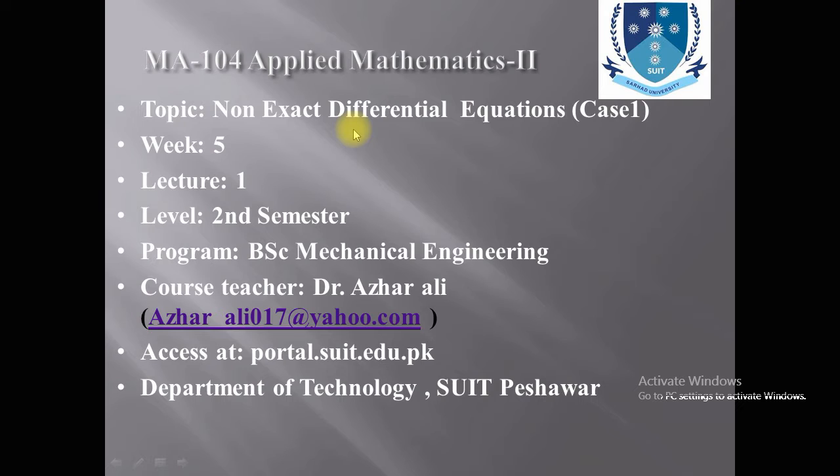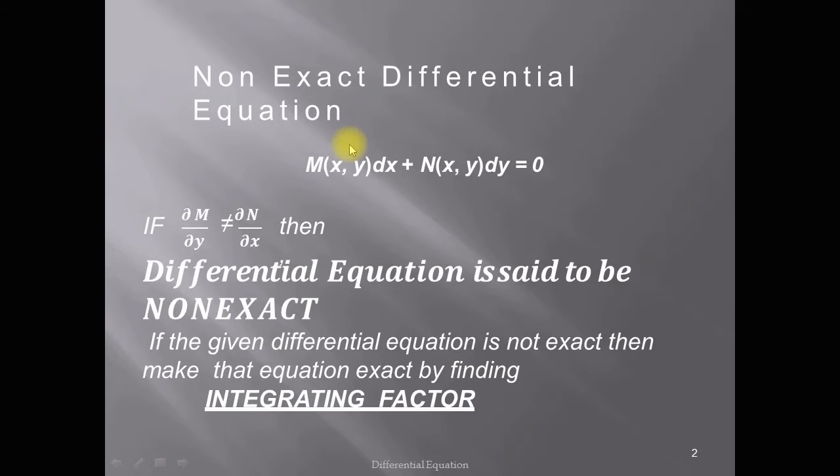But first of all, I would like to tell you about non-exact differential equations. What is a non-exact differential equation? This is the general form of the first order differential equation, which I already told you about in the previous lecture.